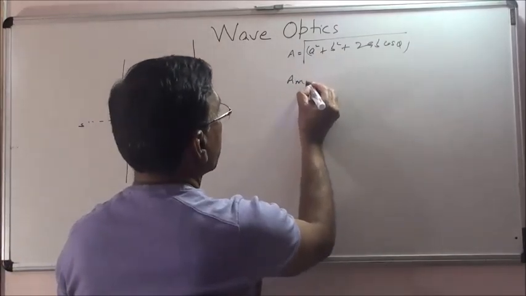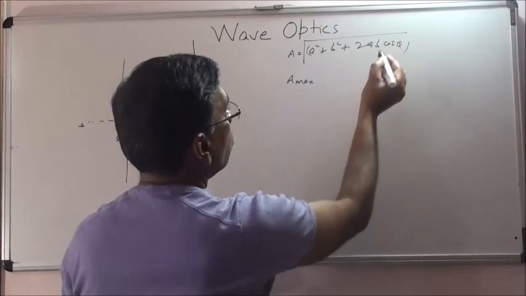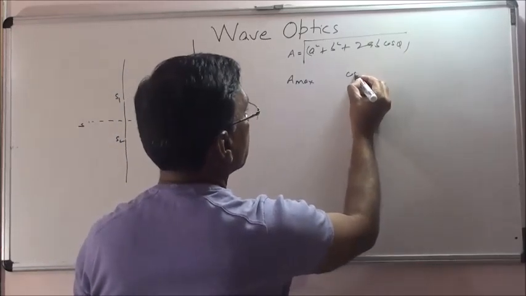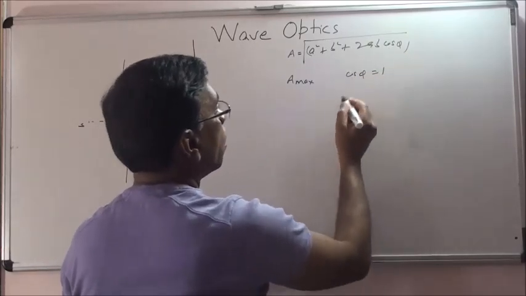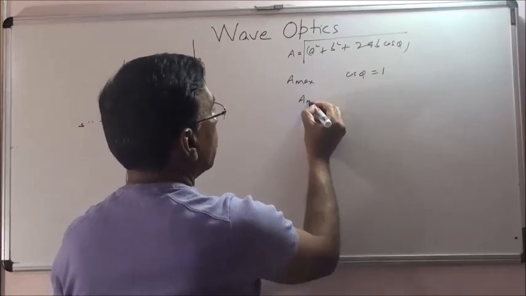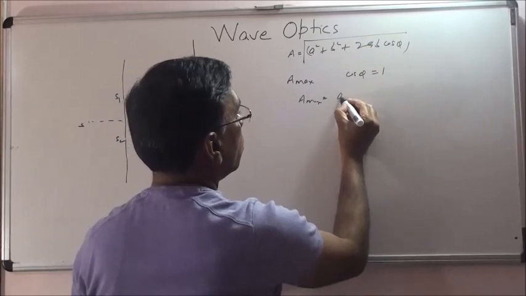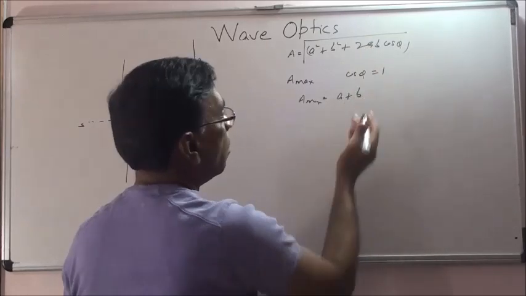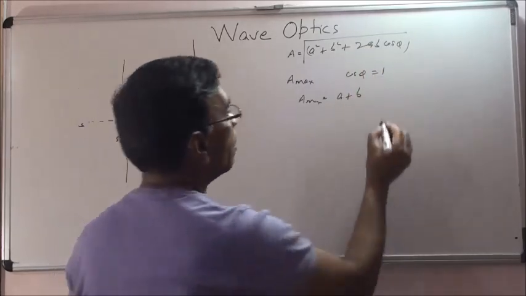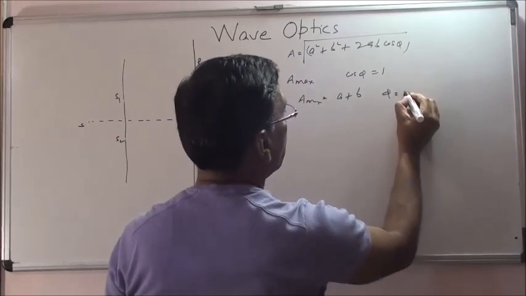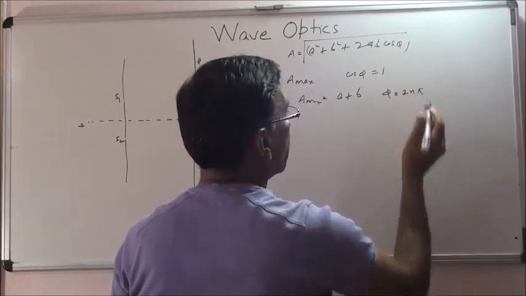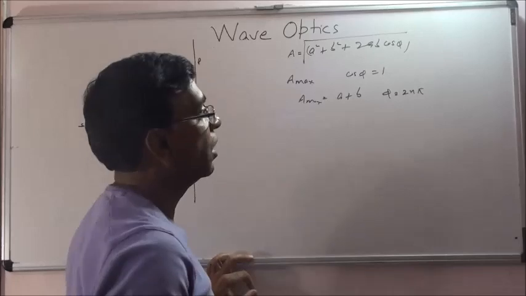A can be maximum when cos phi is 1. A max becomes the square root of a square plus b square plus 2ab, that is a plus b, and when cos phi is 1, phi should be 2n pi: 0, 2 pi, 4 pi.